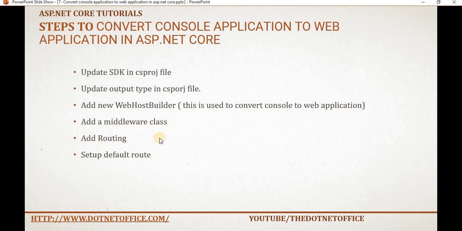Then we will add the routing, and then we will set up a default route. Basically these are all the steps useful for converting a console application into a web application. So first let's understand these two steps, the csproj file and the output type in the csproj file.